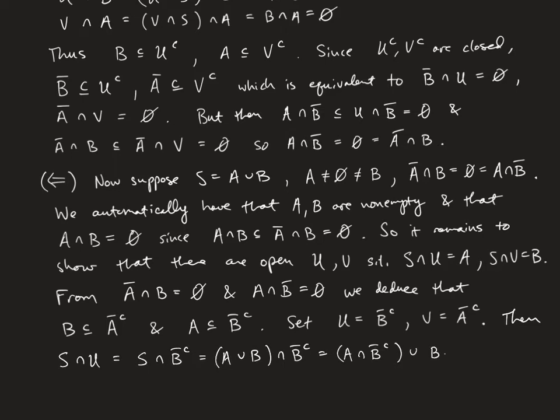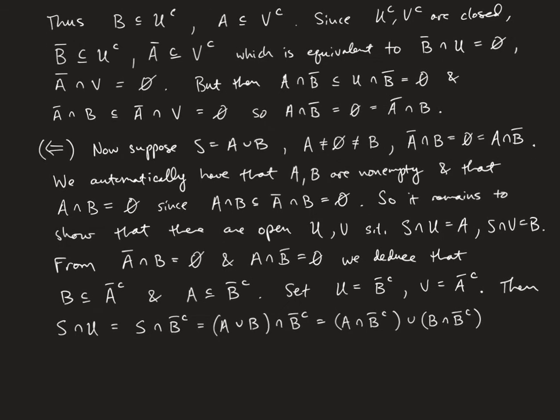So you get B intersect the complement of B closure. And of course, B closure is a set that's bigger than B, so its complement is not going to intersect with B. So this is actually going to be the empty set. So this equals A intersect the complement of B closure, and then union the empty set.